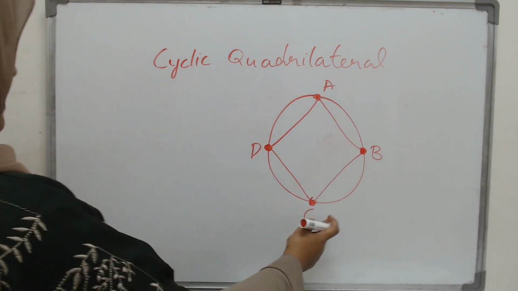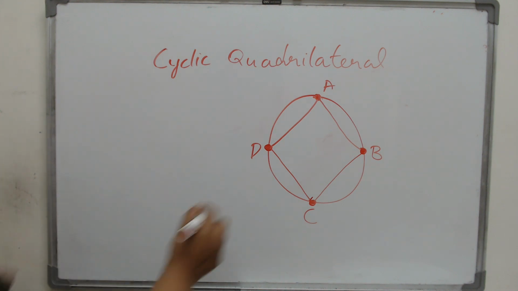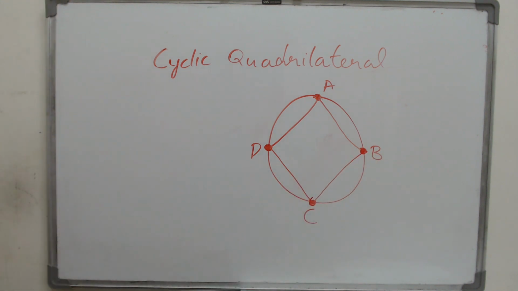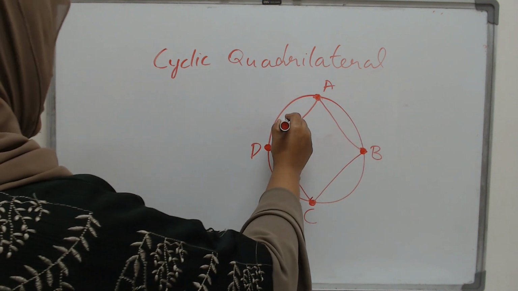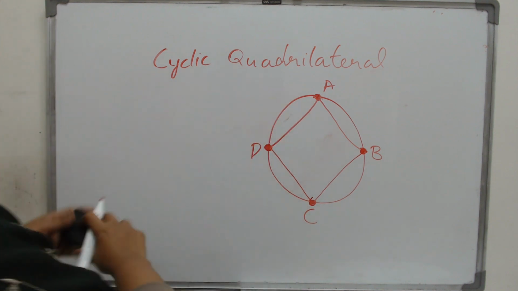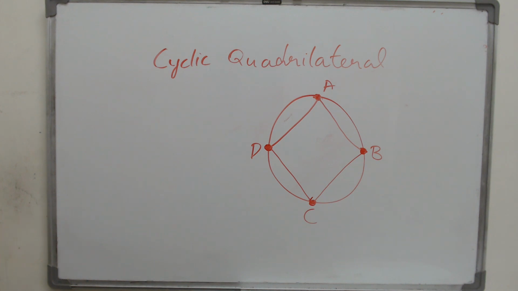A and B and C and D. If the vertices of a quadrilateral lie on the circle, then we call it a cyclic quadrilateral. Remember, it has to lie on the circle, not inside the circle, not outside the circle, but specifically on the circle. Then we call it a cyclic quadrilateral, and it follows a very interesting rule.